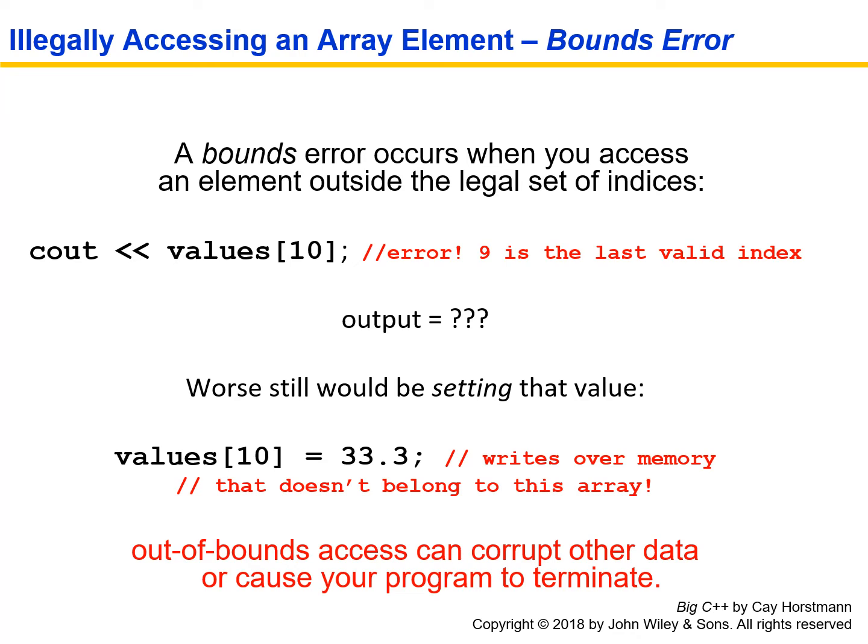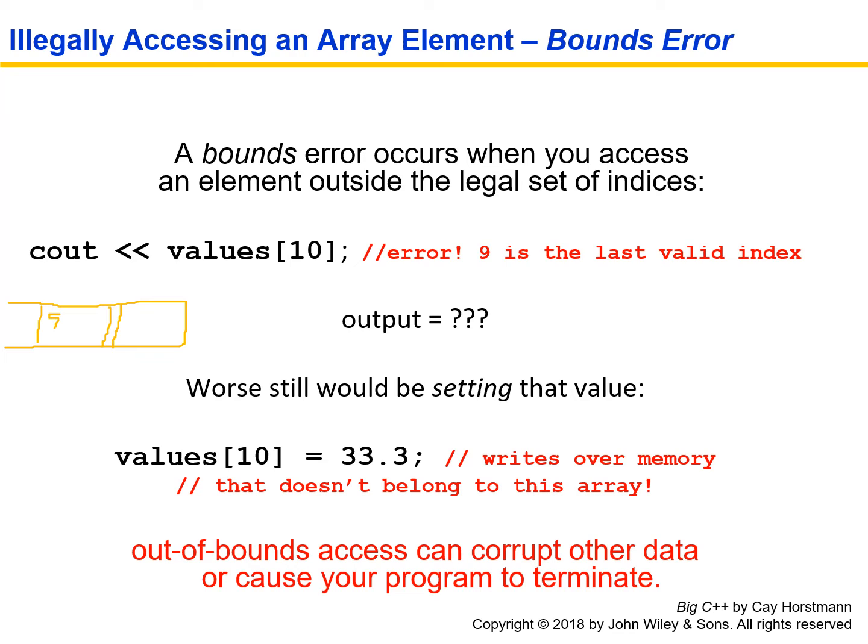We don't know. What this actually does is, remember, our array is a long chunk of memory boxes. So let's say this is box 9 here. So that's the end of our array. This would be another piece of memory. This might belong to another variable in your program.